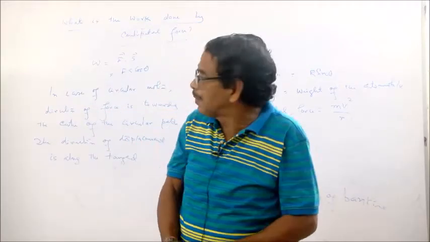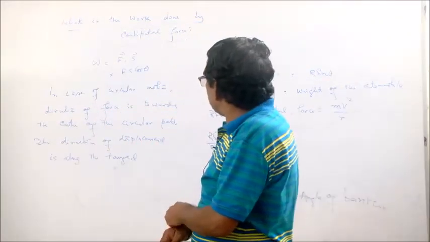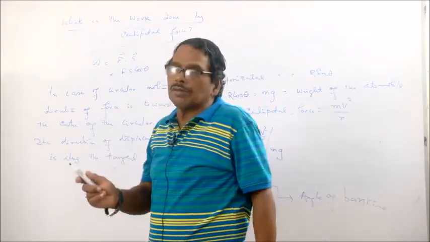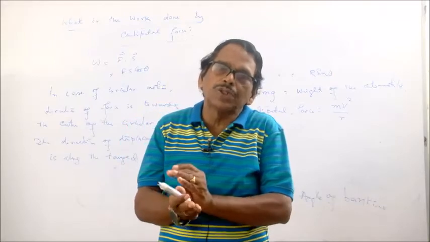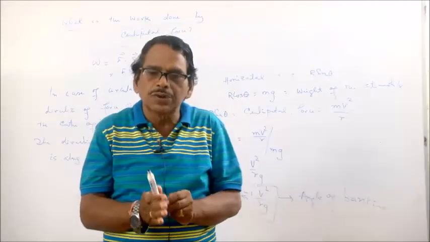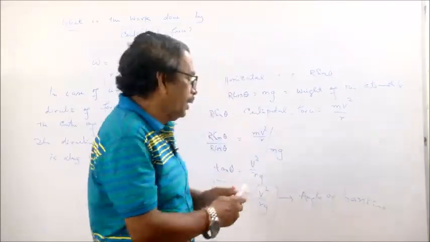So, the direction of displacement is along the tangent and the direction of force is toward the center, that is along the radius. So, what is the angle between force and displacement? The angle between force and displacement is 90 degrees.